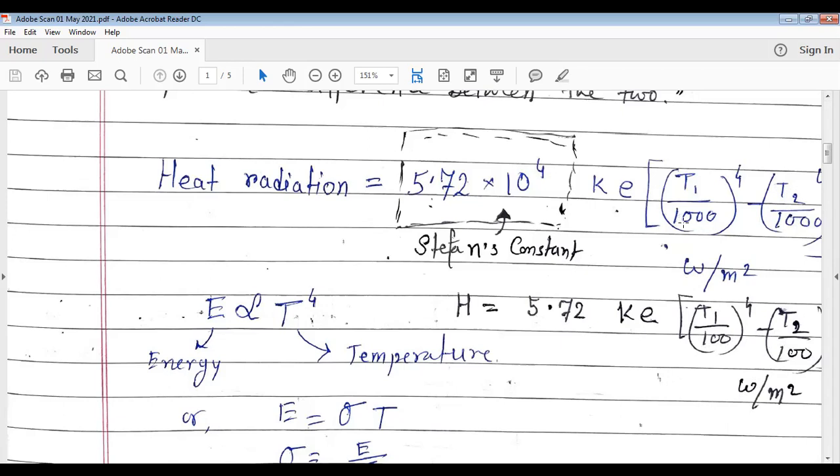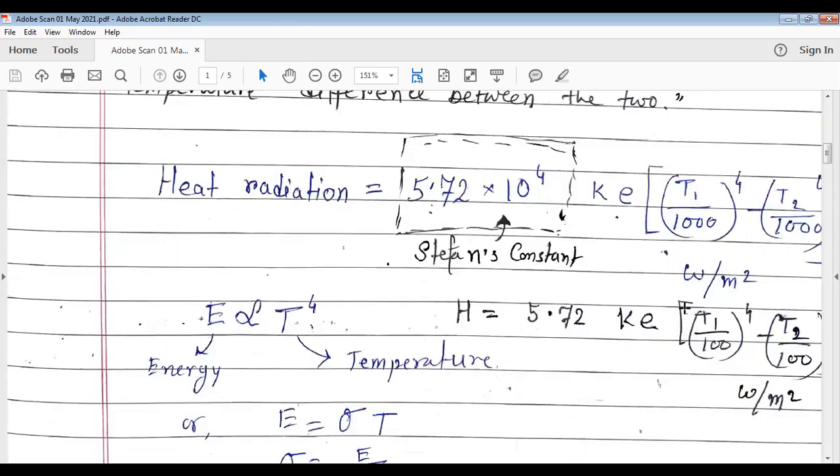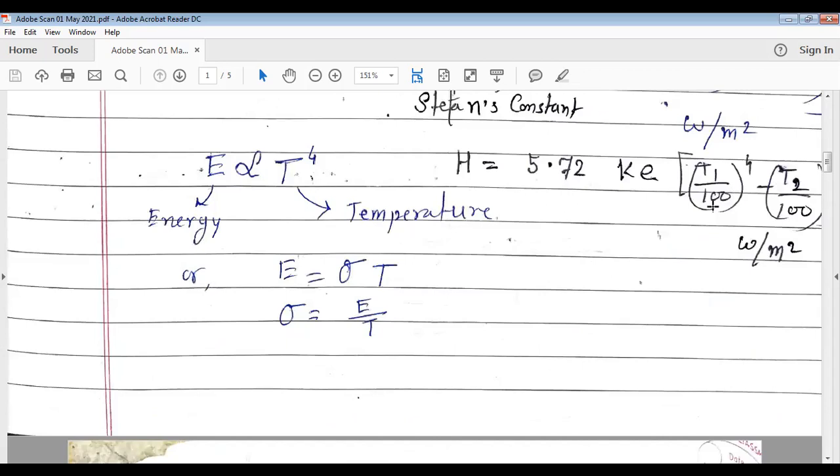Now in the previous equation we have written 1000, but here it is 100. Why? Because 10 to the power 4 is multiplied with 5.72, so this 10 to the power 4 is nullified, so it became 100. This is the final equation for the Stefan equation.